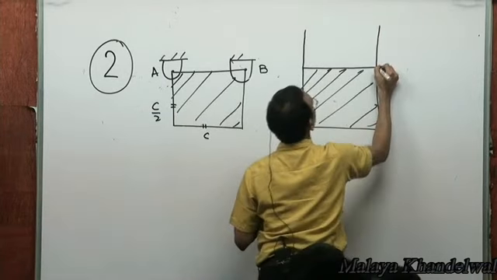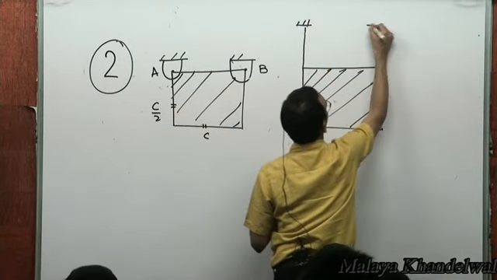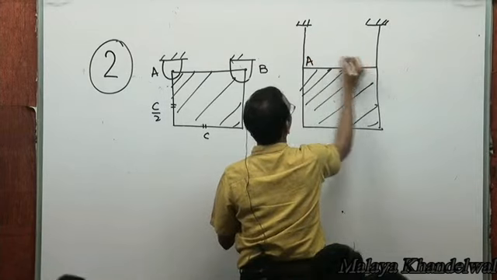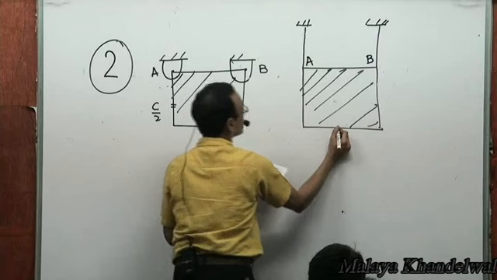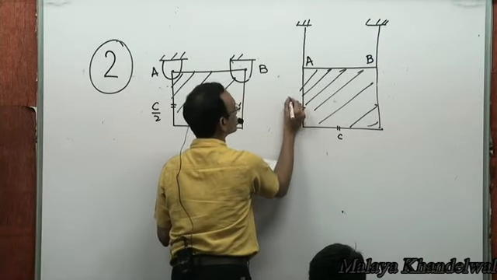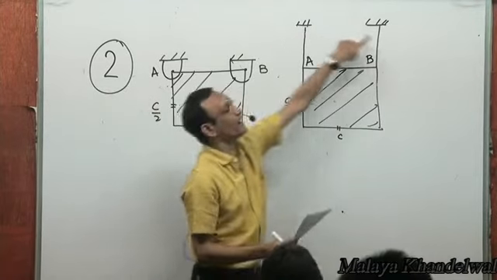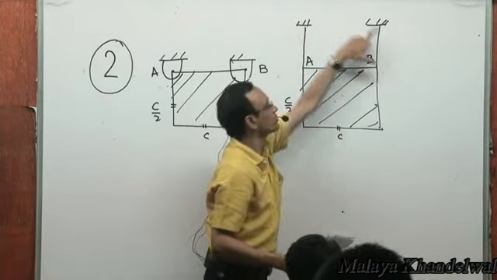These are 2 wires, A and B, same length C and C by 2. These are 2 wires, or threads, so to say. These are 2 threads.